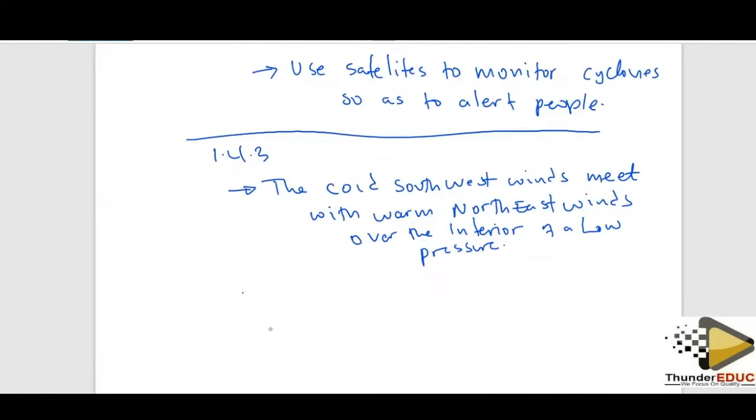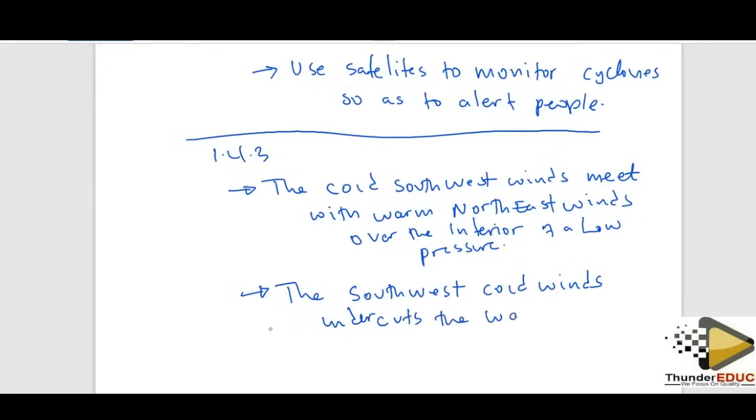Then we proceed and we say the southwest cold winds undercut the warm winds.